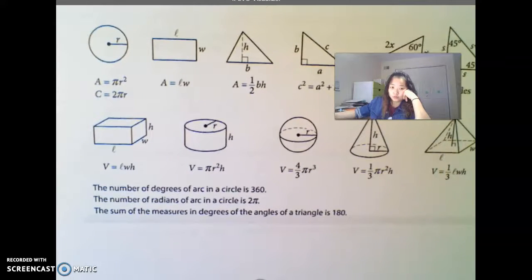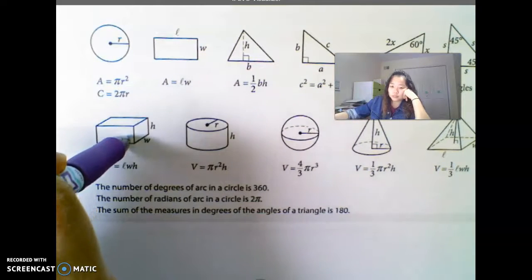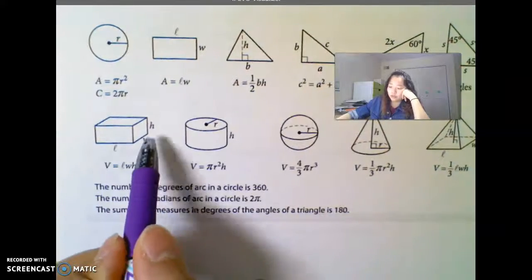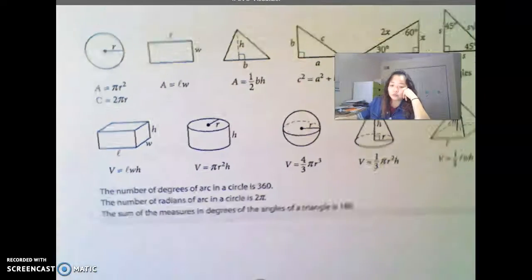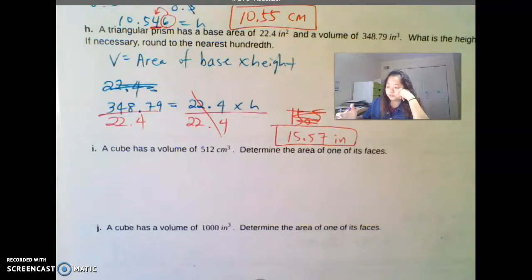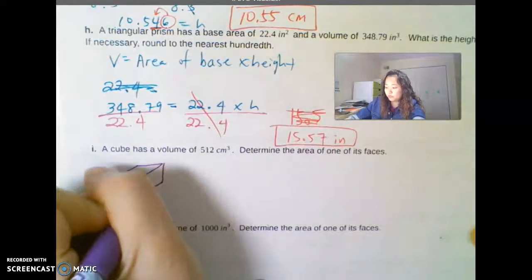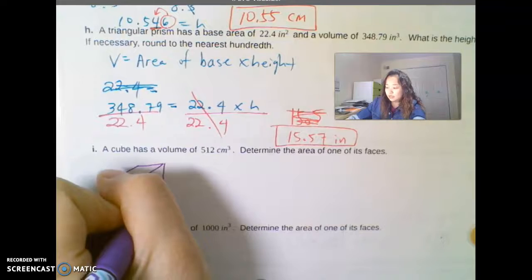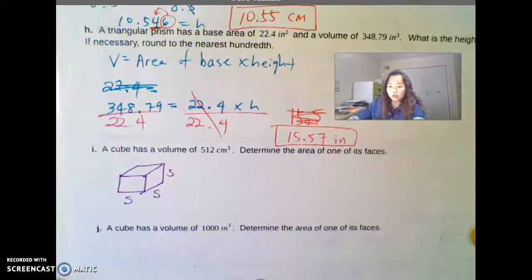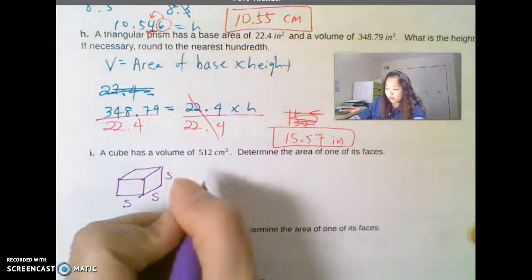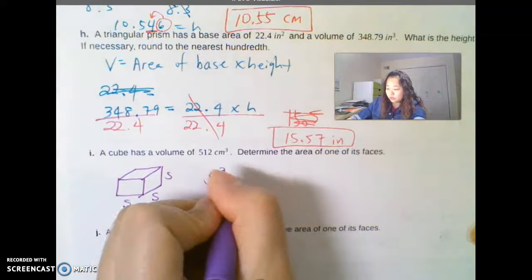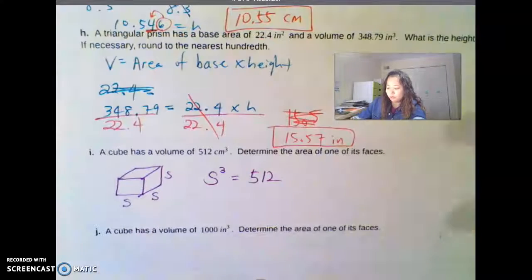But a cube is the same thing as a prism where length, width, and height are all the same. So to figure out the volume of the cube, you have to figure out something cubed that gives you 512. So what number are we looking for? What is a single side?